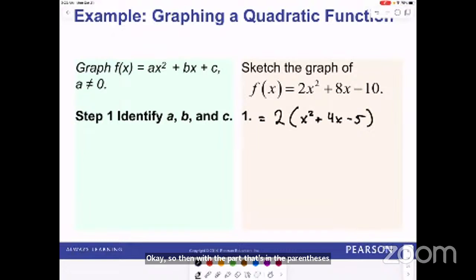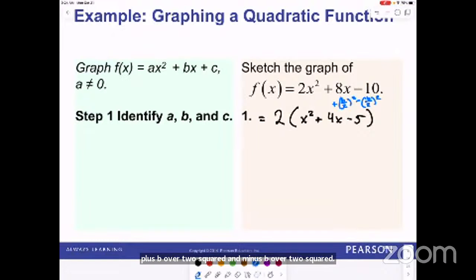In the completing the square step, we're going to add 0 in the form of plus b over 2 squared minus b over 2 squared. If we add 0, it doesn't change the answer. It changes the form into something that we can use, right? Again, we're adding 0 in that form, okay?